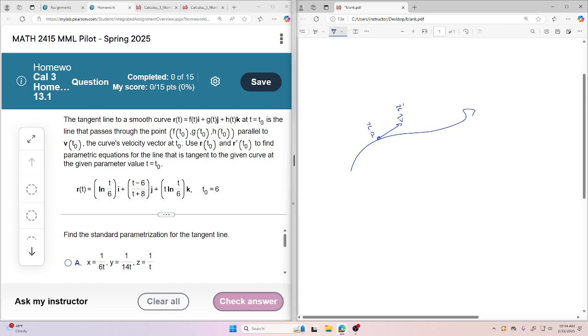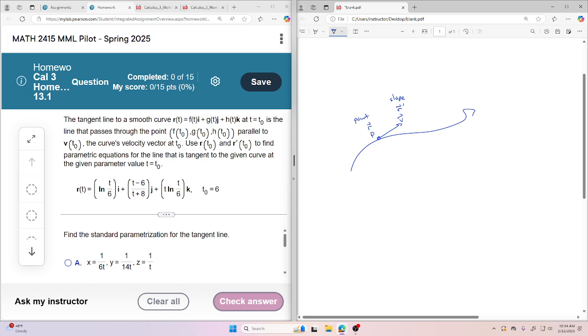That's why they're saying use R and R prime to figure out what's going on. They're kind of like saying point-slope in a way. Point and slope. R for point, V for velocity. So that's what they're blah-blahing about.